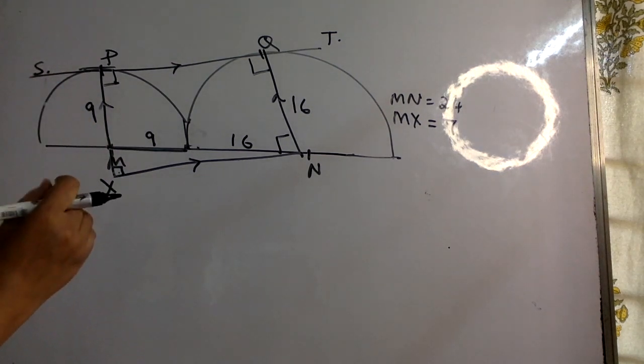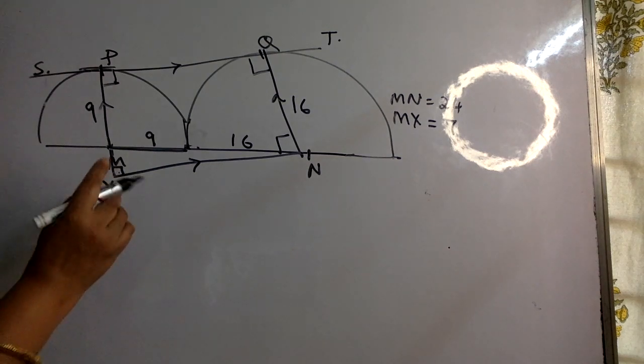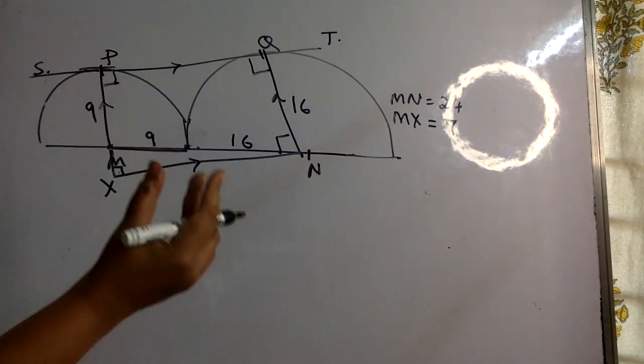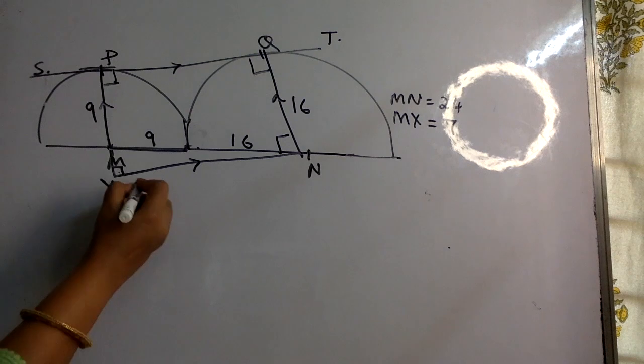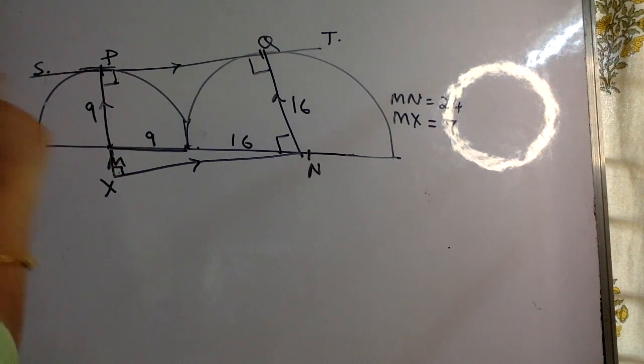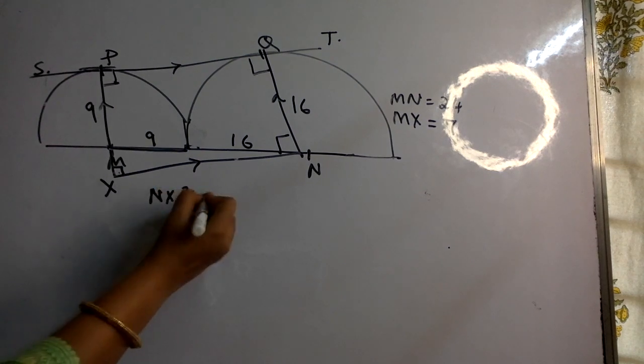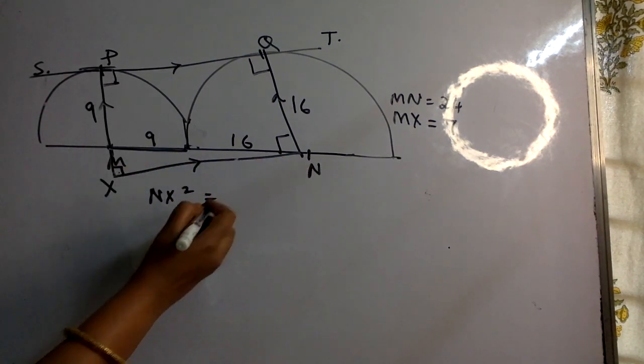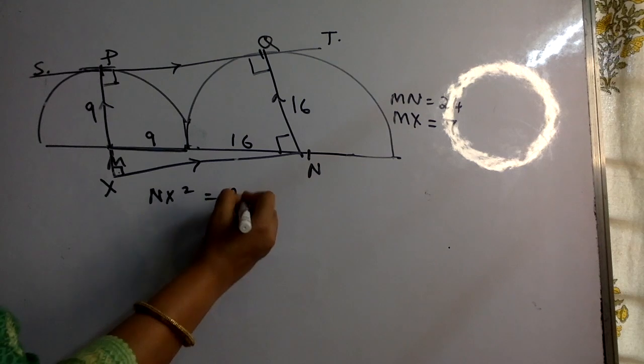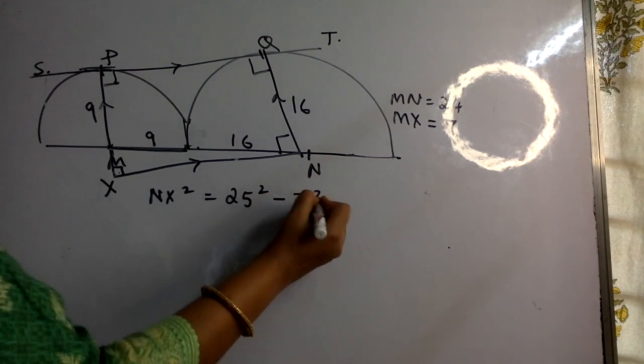Now how much is XN? Let me find the value of XN. This is a right angle triangle, so the hypotenuse is 25. So NX square, that is this line square, I can write from Pythagoras theorem, 25 square minus 7 square.